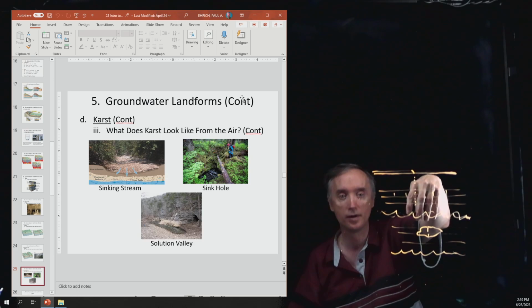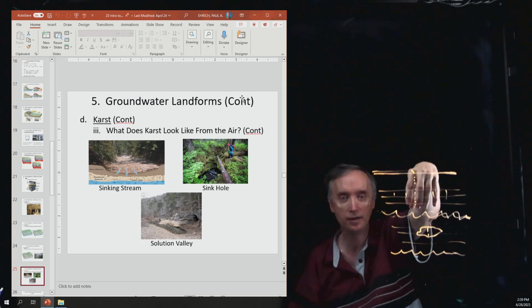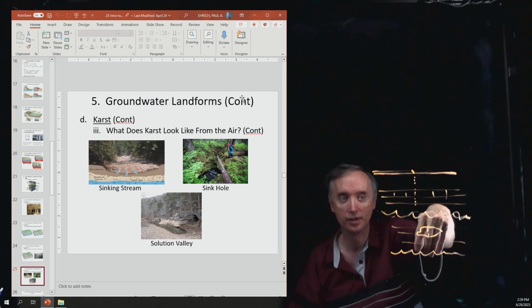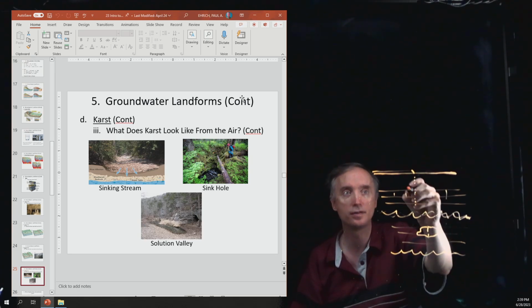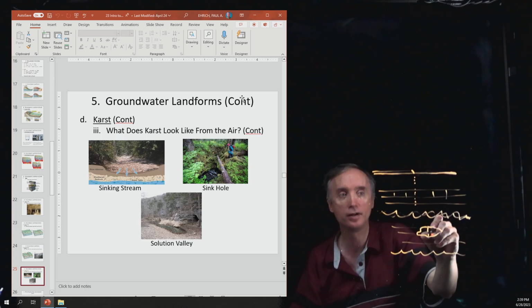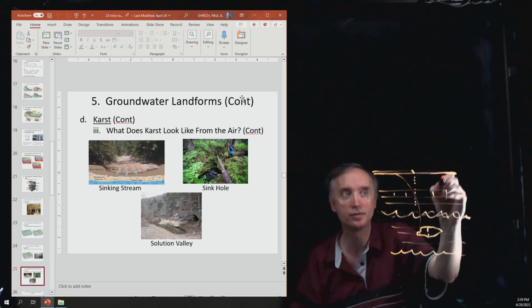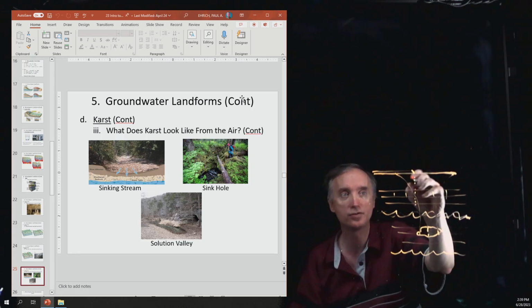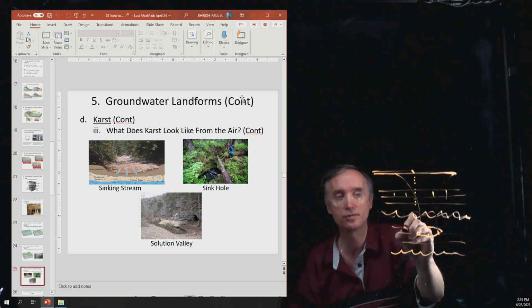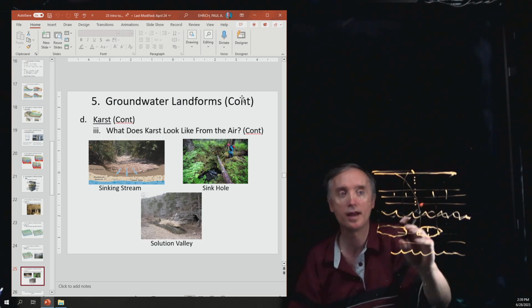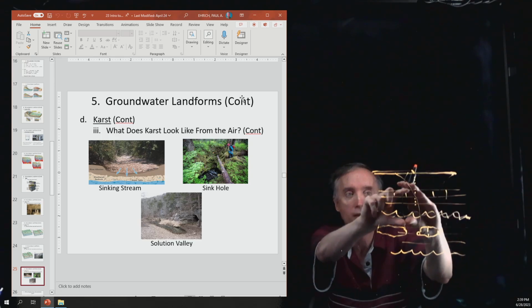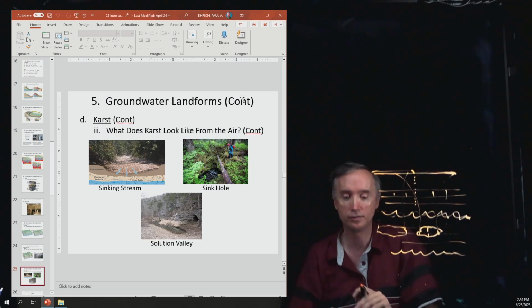Where the cave collapses, that's going to be a sinkhole. So here, let's say that you've got your cave right here, and then it collapses into that cave. That's your sinkhole. But now let's say that there's another cave over here, and it also collapses. So what can happen is these things can join together, and you can end up with a solution valley.